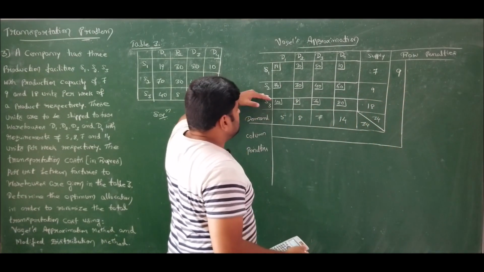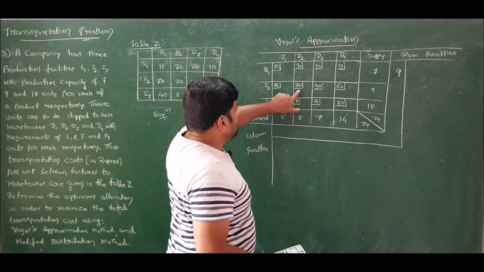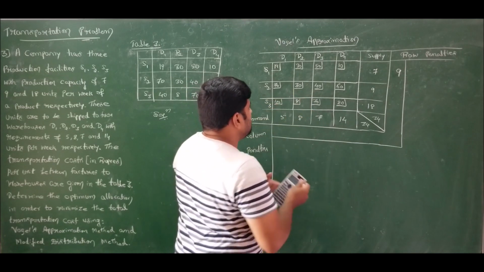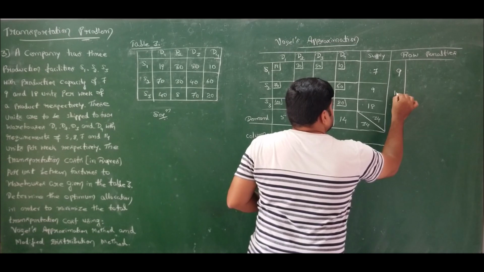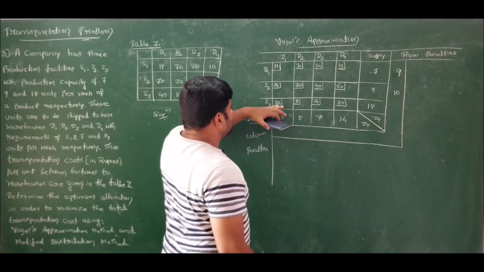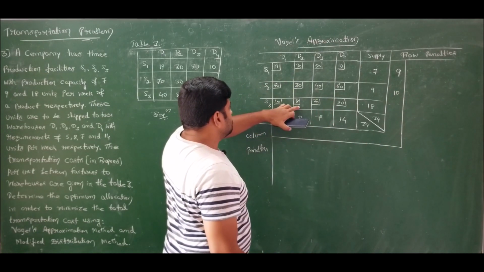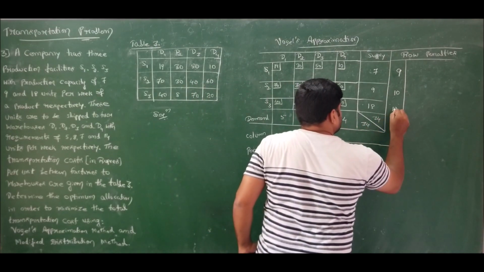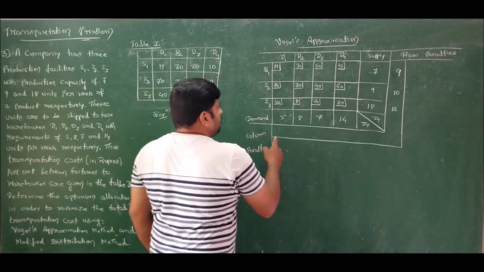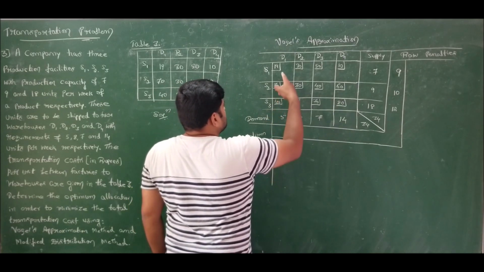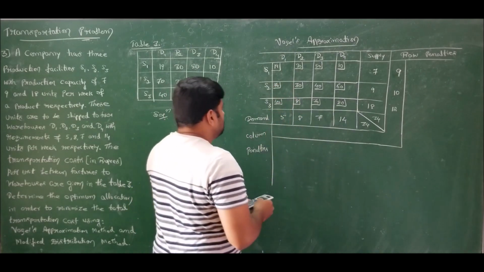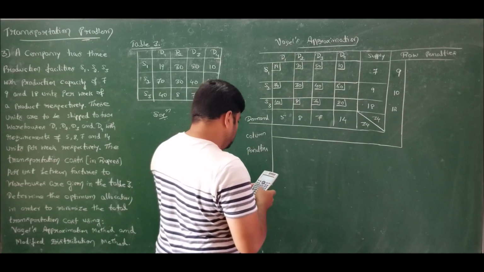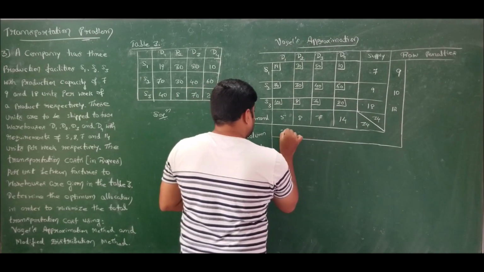Next, for the second row, the least cost is 30, the second least cost is 40, and 40 minus 30 is 10. Next we have the least cost as 8 and the second least cost as 20, so 20 minus 8 is 12. Next, for the columns, we have the least cost as 19 and the second least cost as 40, so 40 minus 19 is 21.